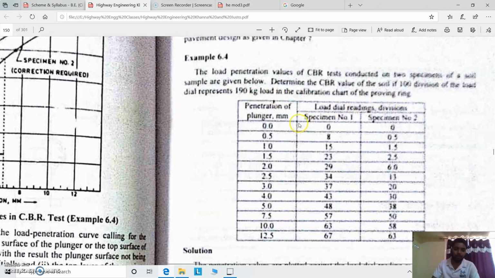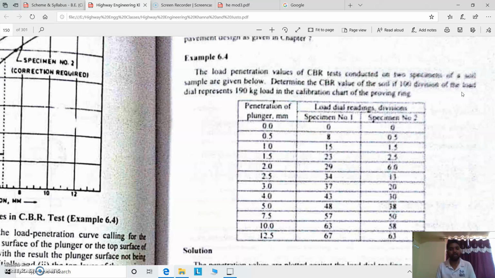That means for every one division it is 1.9 kg.